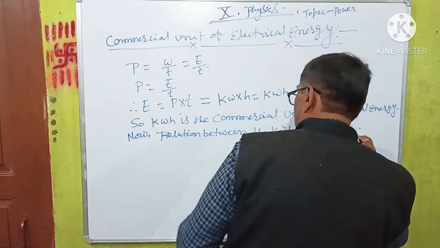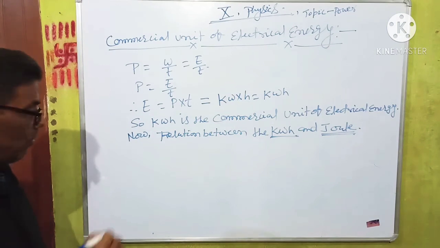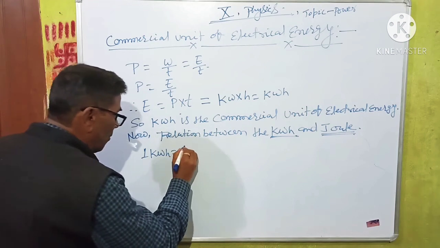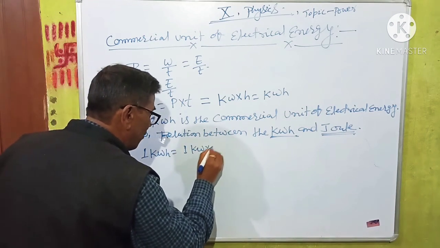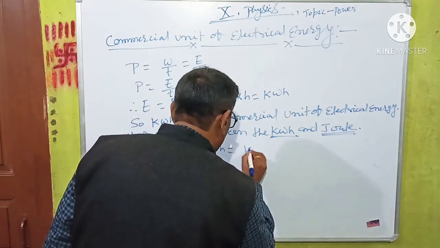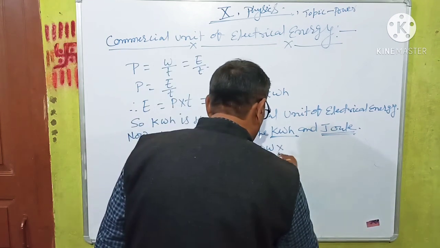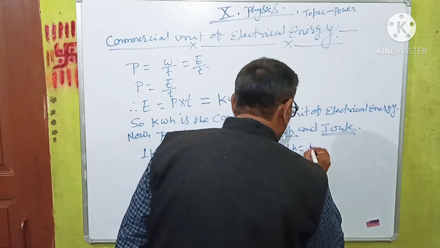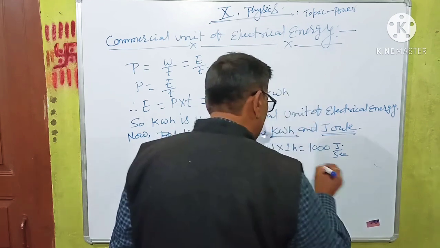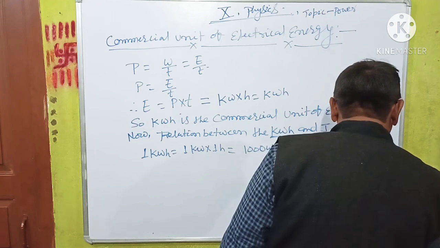We know that 1 kilowatt hour is equal to 1 kilowatt into 1 hour. 1 kilowatt is equal to 1000 watt. 1000 watt into 1 hour is equal to 1000 watt, meaning joule by second, into 1 hour, meaning 60 minutes into 60 seconds.